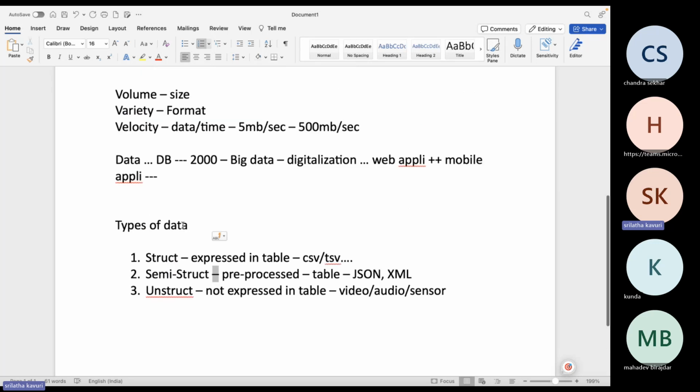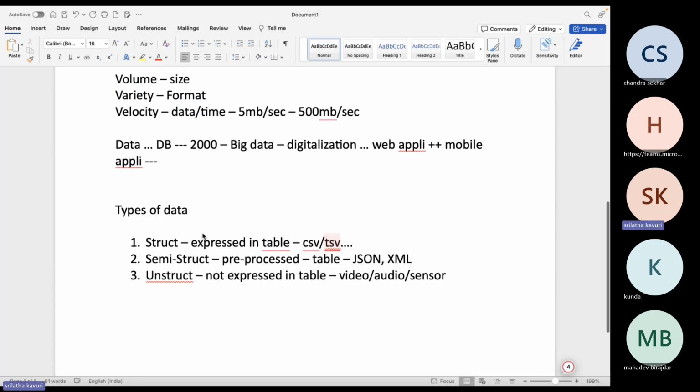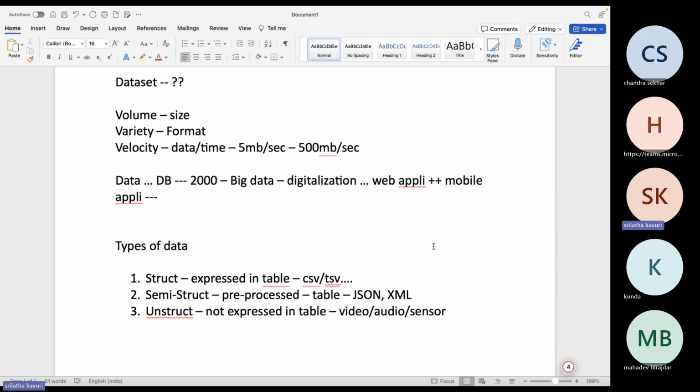Why we are looking into this is because you have a parameter to look at the format. Which category of data becomes big data is one of the points we should look at. What happened after digitalization is that before 2000, most of the data was structured, and to some extent semi-structured.